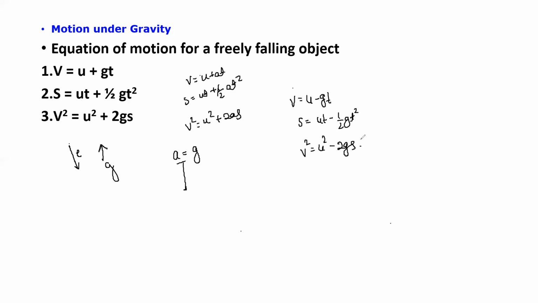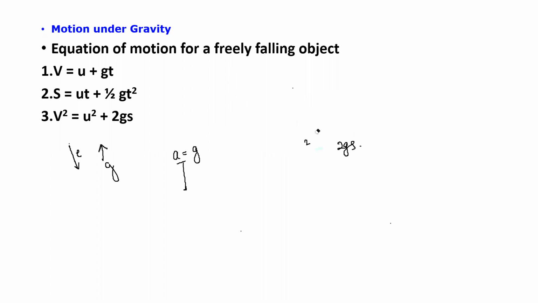So these are the three equations when the object is going opposite to the acceleration due to gravity. Is it clear? So we will use all these formulas and solve the questions.